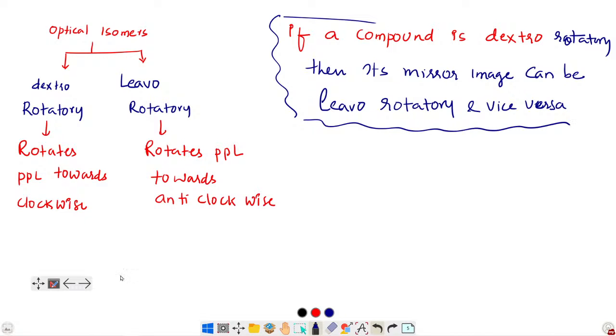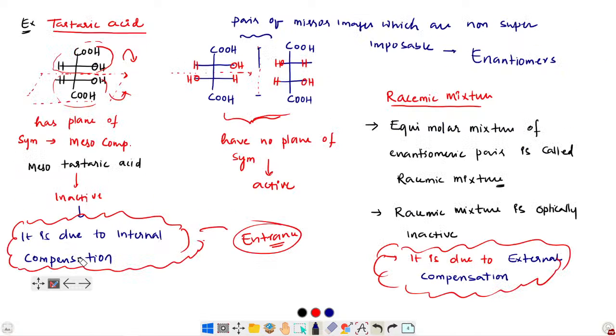Right? So let us see the previous slide. Here it is. If this half of the molecule rotates dextro and this half rotates levo, they mutually cancel each other. Plus theta, this is minus theta. Net rotation is 0.